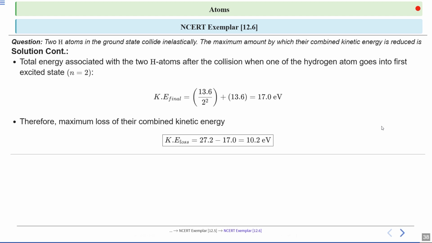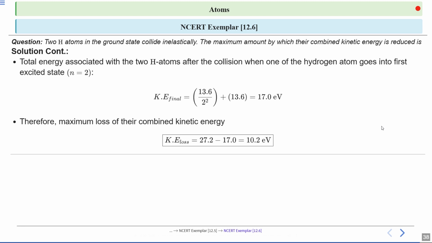So the maximum kinetic energy loss is 27.2 minus 17, which equals 10.2 electron volts. This means that at most 10.2 electron volts of kinetic energy can be converted into internal energy by exciting one hydrogen atom from the ground state to the first excited state during the collision.